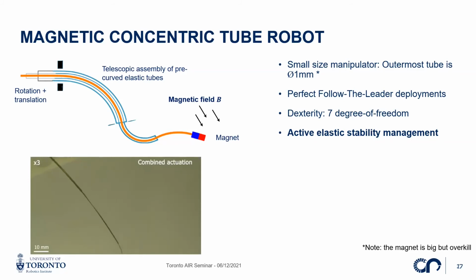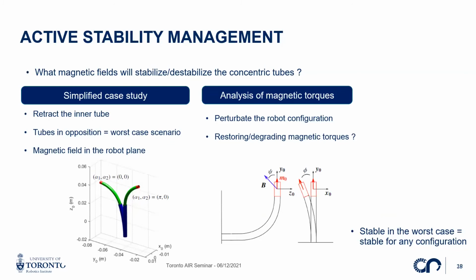So this structure has 7 degrees of freedom, and also allows us to manage actively the elastic stability of the robot. And basically what we did is to try to find a simple strategy to manage this stability.